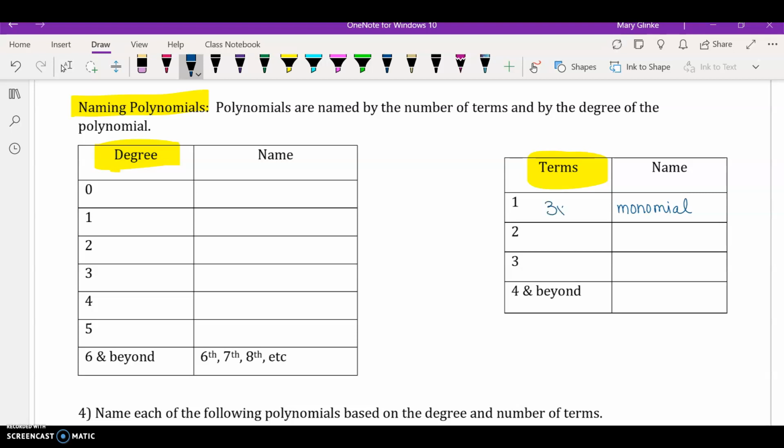An example of that is 3x squared y. If it has two terms, meaning you see two separate terms separated by an addition or subtraction sign, that would be a binomial. Think about a bicycle, it means two. Whereas if we have three separate terms, all three separated by addition or subtraction, that is going to be a trinomial.